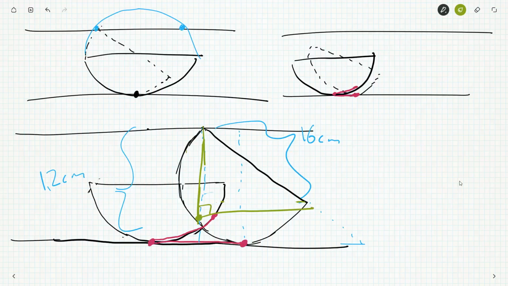Okay. And I think if I can figure out how far away this point is horizontally from our starting point, by symmetry it's going to be the same thing.